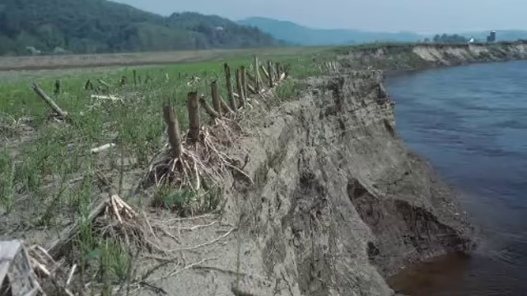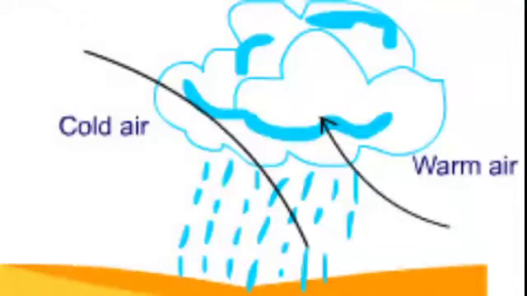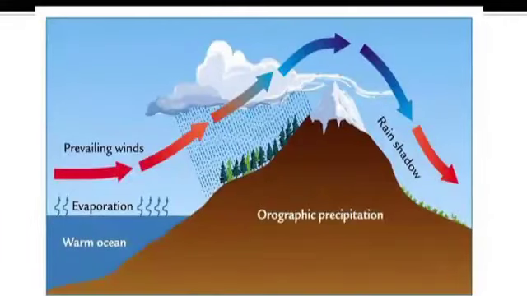Now, on the basis of the mechanism, rainfall is also categorized into three types: the first is convectional rainfall, second is orographic, and third is cyclonic rainfall. Cyclonic is the normal evaporation, condensation and precipitation. Orographic rainfall is in those areas where relief features like mountains and low-lying areas are there.